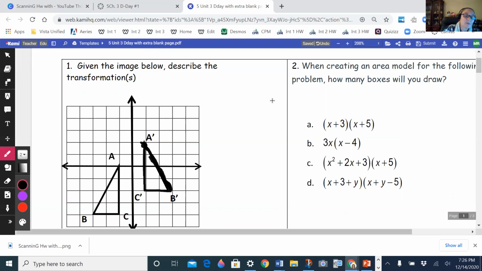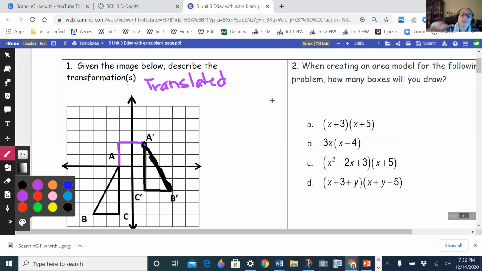It looks like we've done a couple things. It looks like this went up 2 and right 2 to get to here. So we translated up 2, right 2.